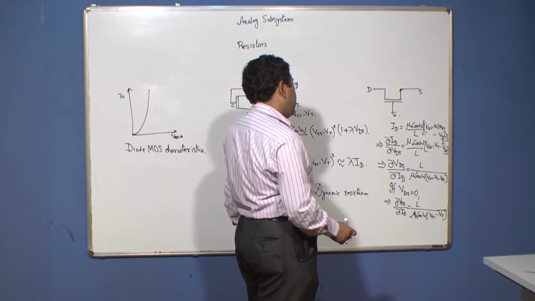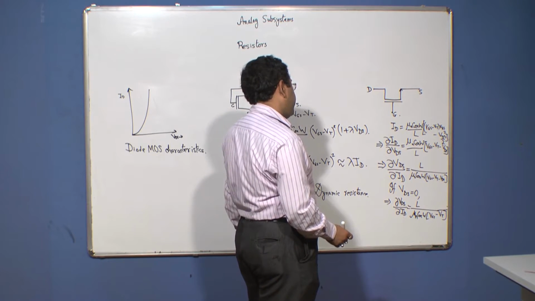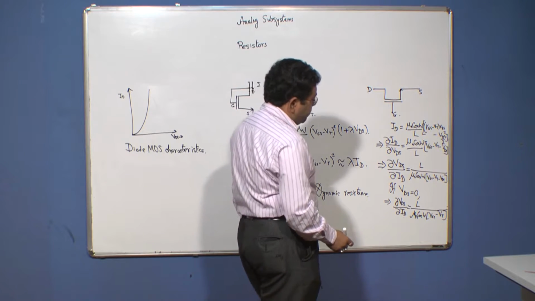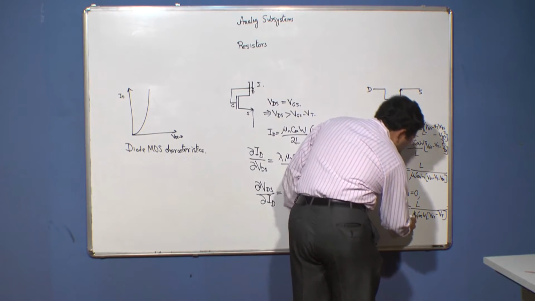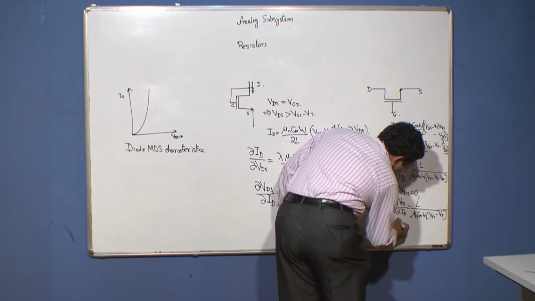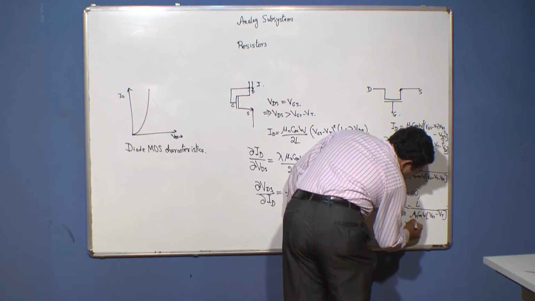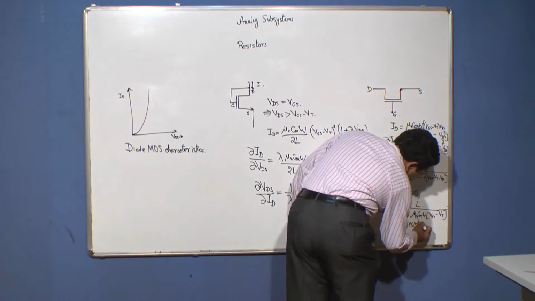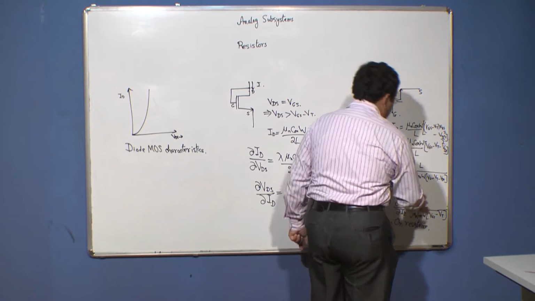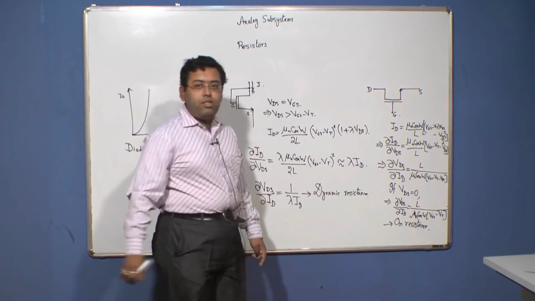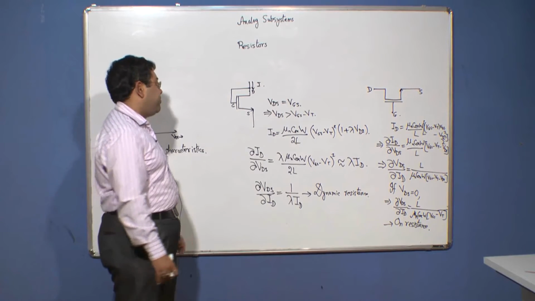Right. So, this gives us the on resistance of the transistor. So, this expression gives us the on resistance of the MOS transistor.